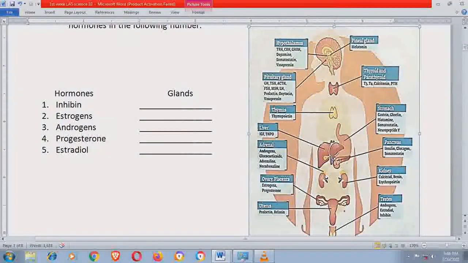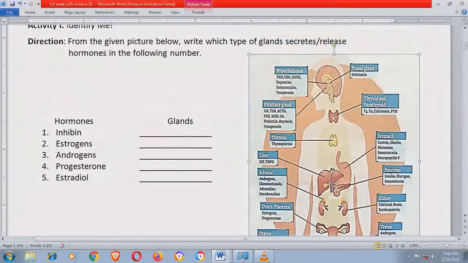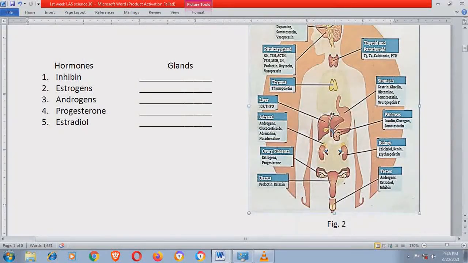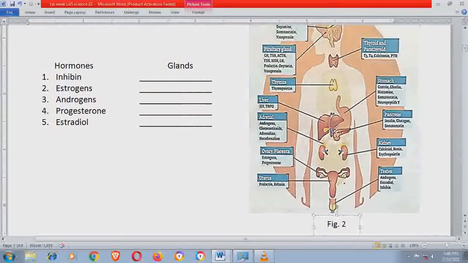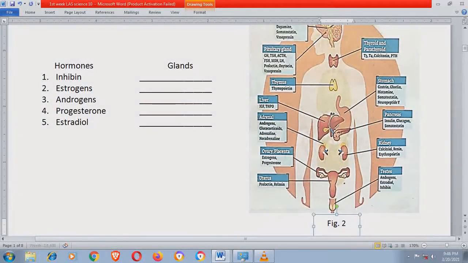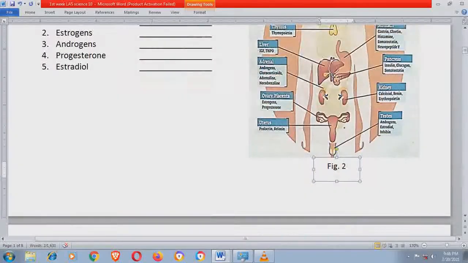Estrogen, hanapin niya lang dyan. And then, by doing that, we are trying to make an introduction for the male and female reproductive system. So, alam na nila yung male and female reproductive system, but this one will help a lot. Okay? So, this is figure 2.